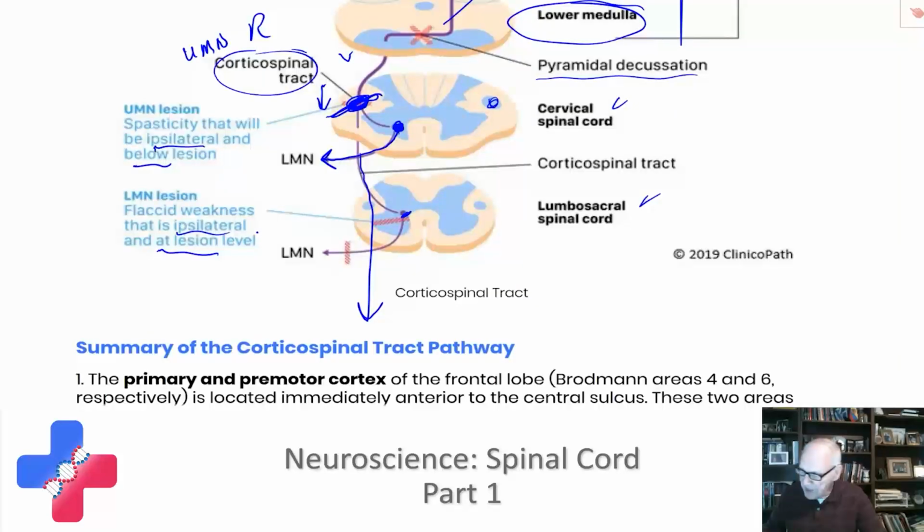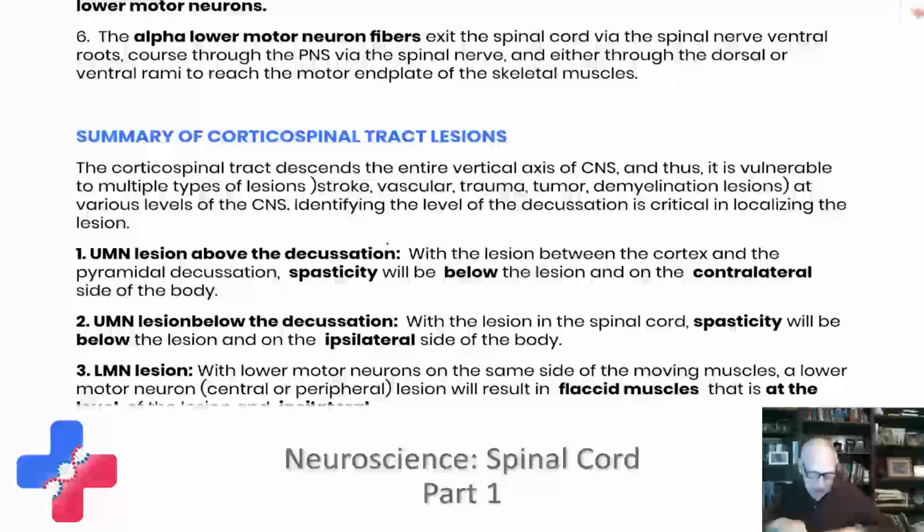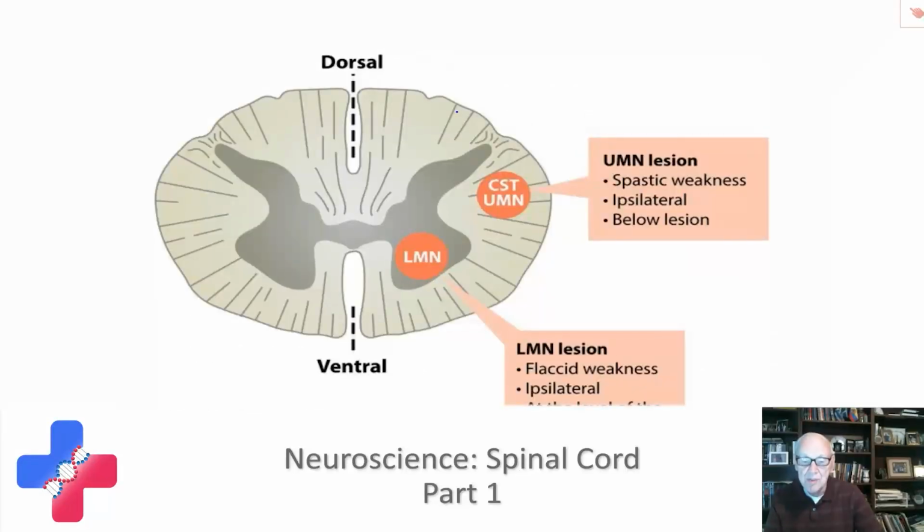Now, if you put that into a diagram, like the next one, back into a little schematic. So remember, in the spinal cord, we have two motor systems. One upper motor neuron, the corticospinal tract, and one a lower motor neuron, ventral horn. So again, what's the difference?